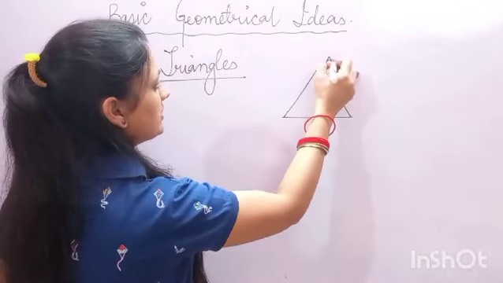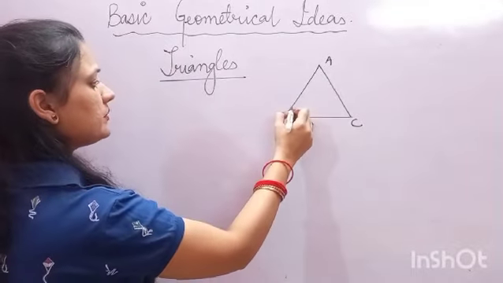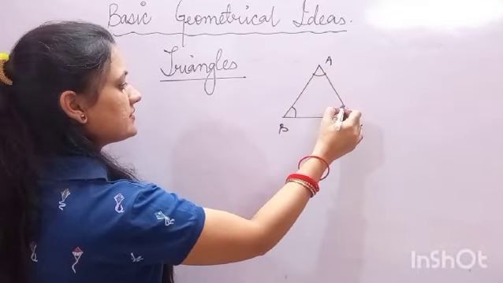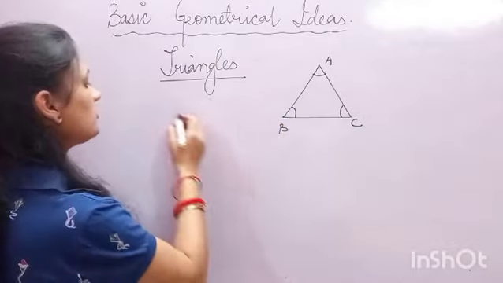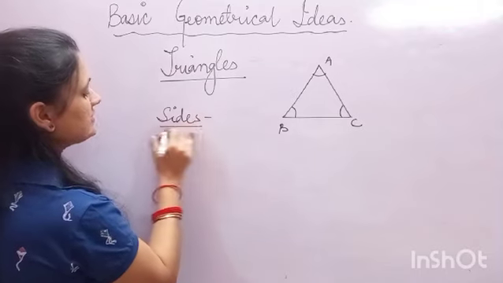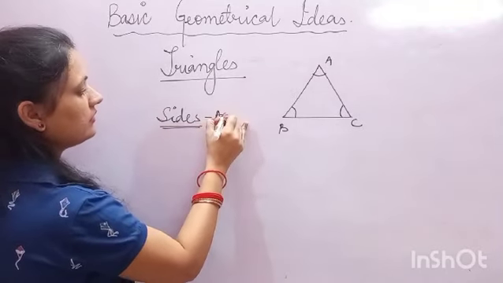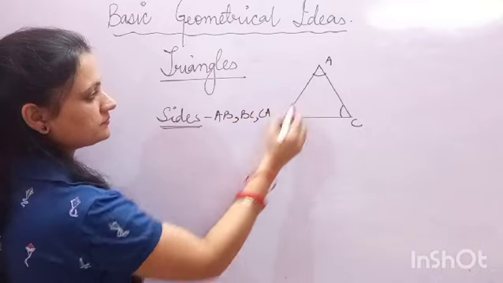I'll name it A, B, C, right? We can simply see, again it's a polygon, a closed figure made up of line segments. So how many sides does it have? There are three sides: AB, BC and CA.